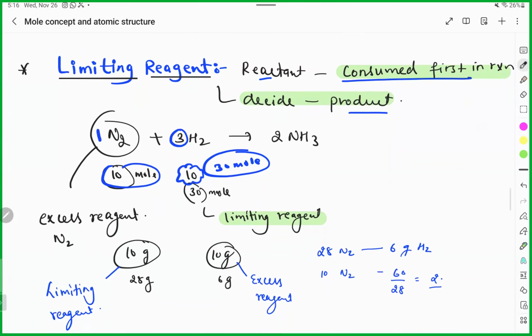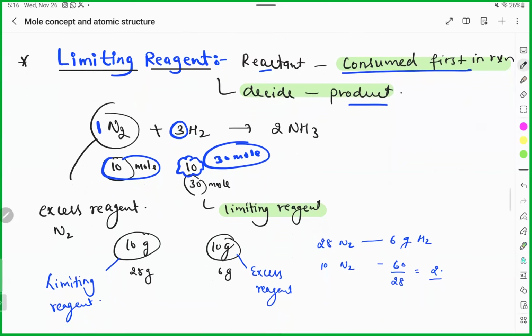Okay. So limiting reagent, here we discuss only about the reactant. Which reactant will be consumed first in the reaction is the limiting reagent. This limiting reagent will decide what will be the amount of product. Okay.